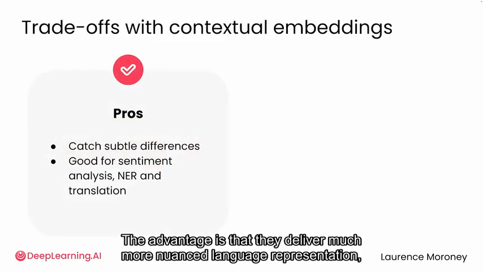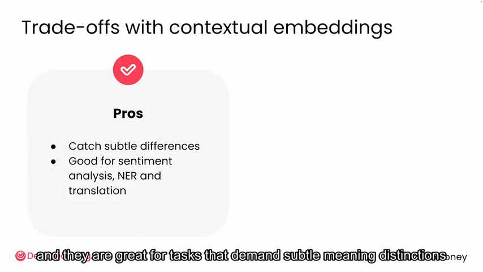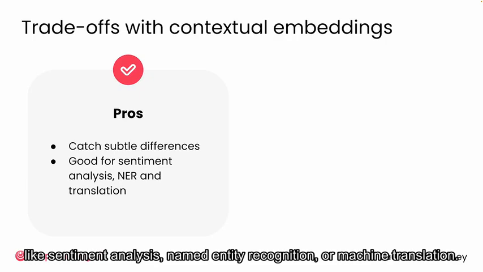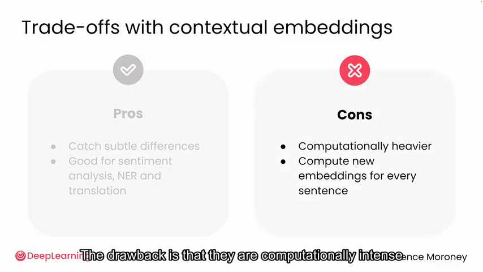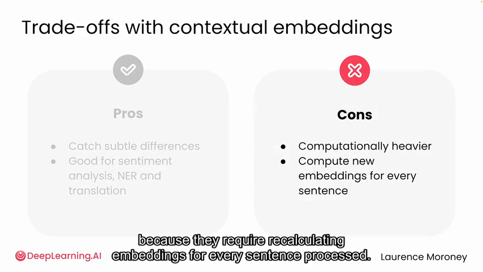The advantage is that they deliver much more nuanced language representation, and they are great for tasks that demand subtle meaning distinctions, like sentiment analysis, named entity recognition, or machine translation. The drawback is that they are computationally intense because they require recalculating embeddings for every sentence processed.